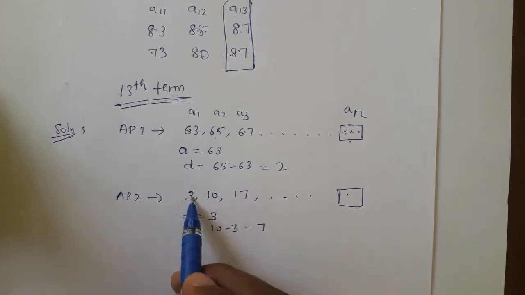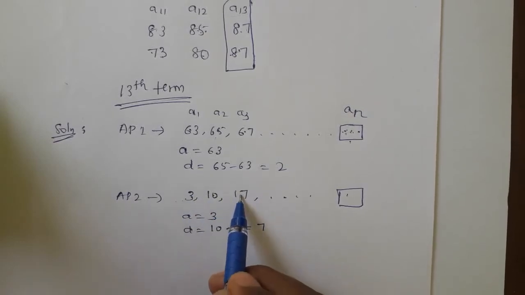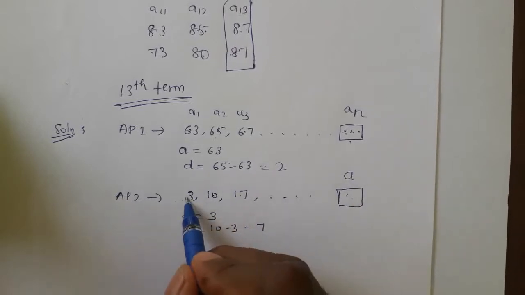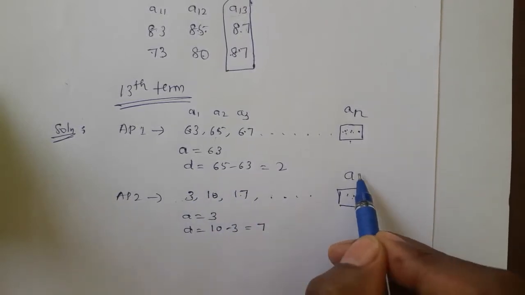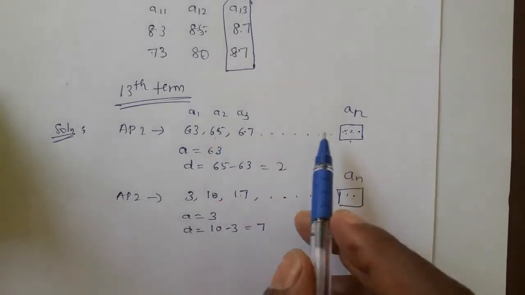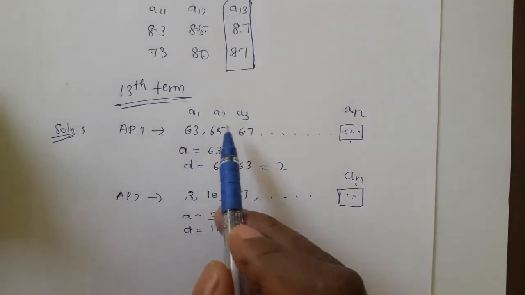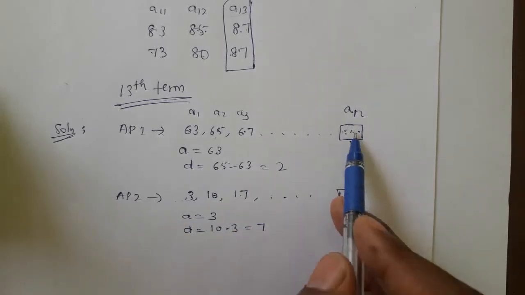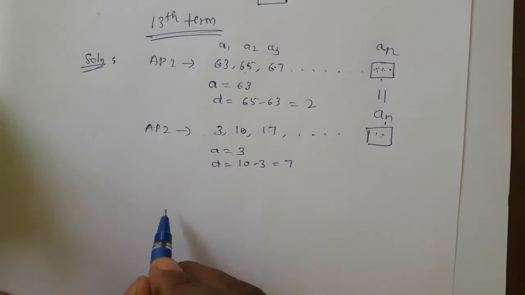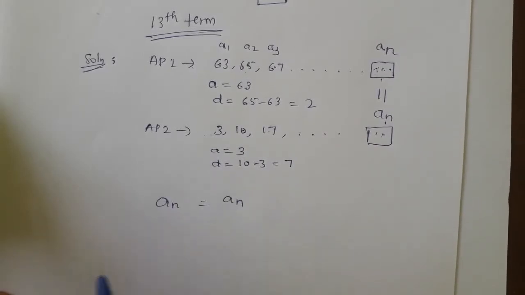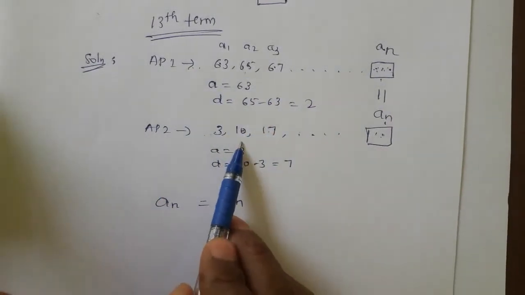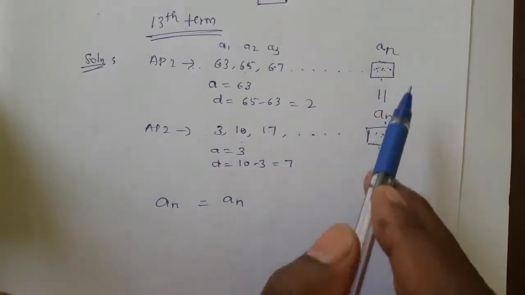Even this AP has A1 as 3, A2 as 10, A3 as 17, but here one more term is going to come at a particular unknown position. In the question they are asking for the nth term of both the APs. This AP has one unknown position term, and this AP has another. They say these two are equal. That means I have to write an equals an. At this an position both are equal.